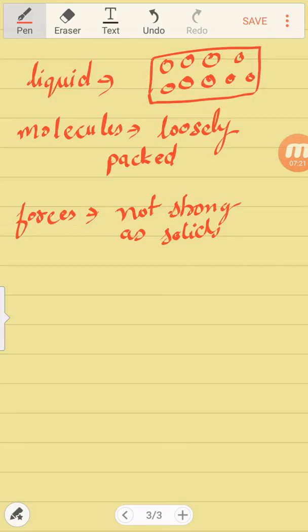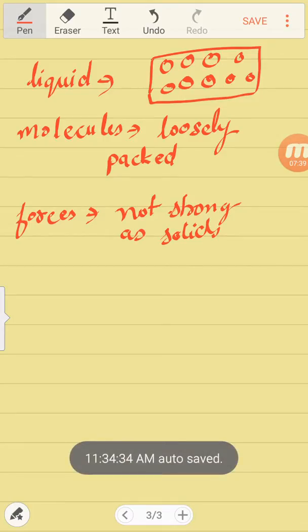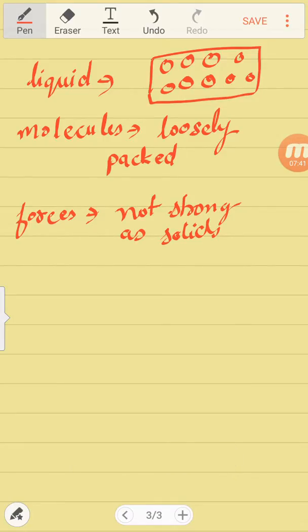The name of the force is intermolecular force definitely, but in solid it is strong, but in liquid it is weak. So you will write the intermolecular force is not as strong as solid.